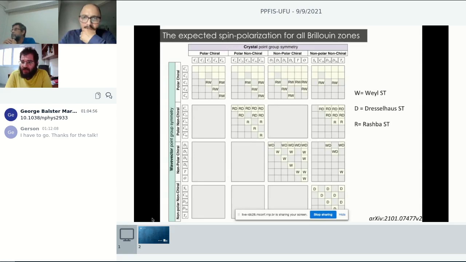They have a table, as far as I remember, of 9 classes of symmetries with these combinations. So in your case, is it a different thing, or is it somehow a subclass of those more general classes described by these authors? I'm not sure if I was clear.